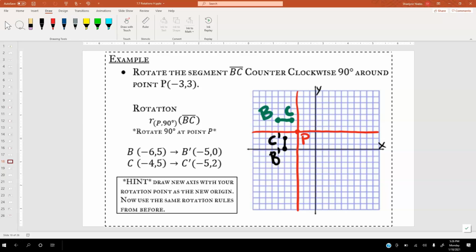What I like to do is redraw my axes. So pretend this is my new y-axis, this is my new x-axis. And from there, I can use those same rules of rotation that we discovered yesterday.